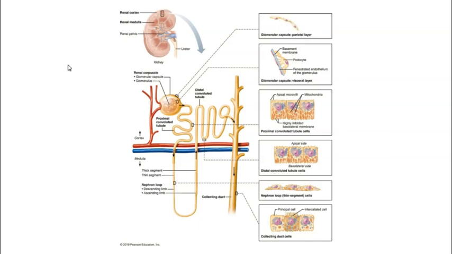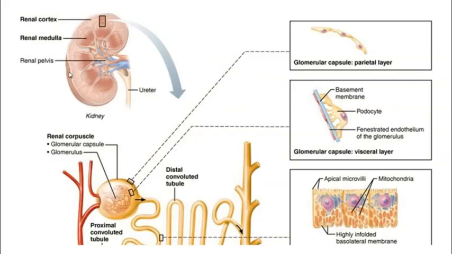These cells in that parietal layer have no contact at all, or do not directly touch the glomerular capillaries in any way. The deep layer here, if we zoom in on this diagram, called the visceral layer, actually does make contact with those glomerular capillaries. And the cell type that we see here is different from the parietal layer.